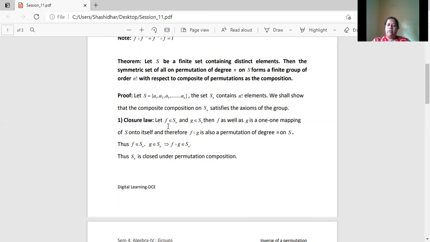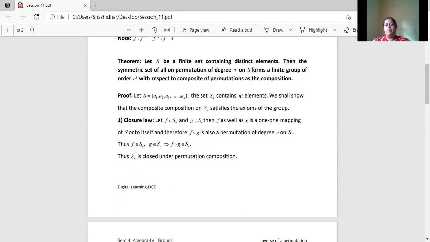Hence, when F and G are two permutations on the set Sn, their composition F composition G is also a permutation of degree n on S. Therefore, we can write F belongs to Sn, G belongs to Sn, that implies F composition G belongs to Sn. That is what we write, just like: if A belongs to G, B belongs to G, then A star B also belongs to G.